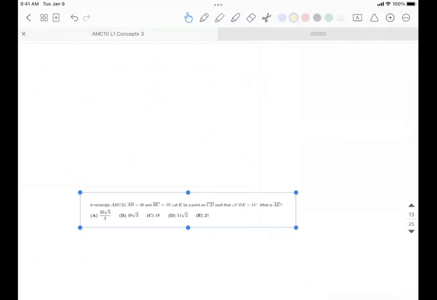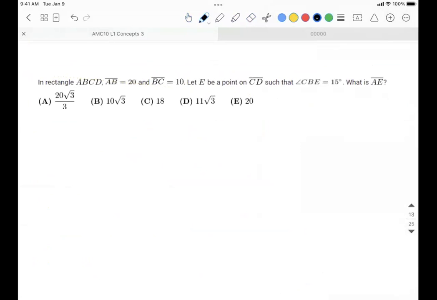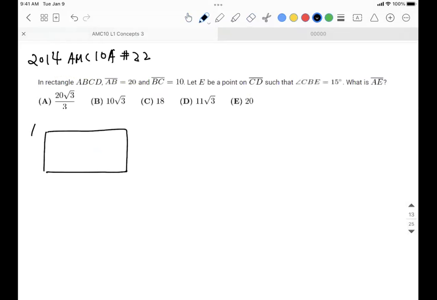There you go. The first problem we're looking at comes from 2014, AMC10A, question number 22. The problem says in a rectangle ABCD, AB equals 20, BC equals 10.